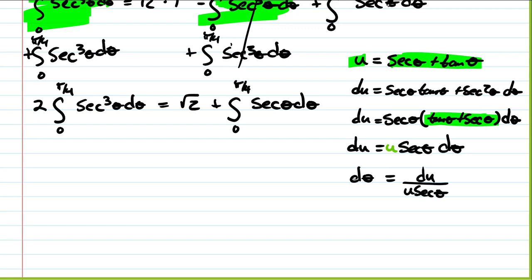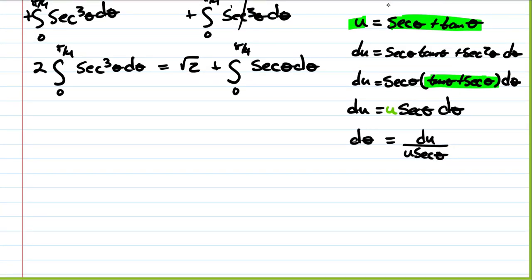of integration again, right? So if theta is 0, u is going to be the secant of 0 plus the tangent of 0. And the secant of 0 is, well, secant is 1 over cosine, and cosine of 0 is 1. So secant of 0 is 1, and tangent of 0 is 0.